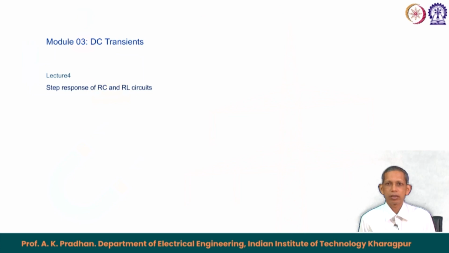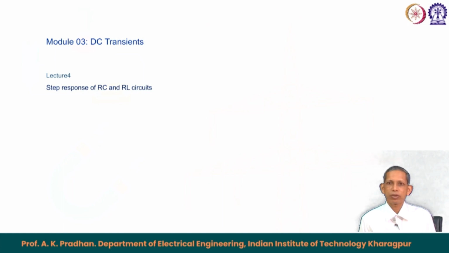Now, I will go with the source available in the presence of RL and RC combination. So, again the corresponding first order differential equation comes into picture, and therefrom we will find the corresponding solution and analyze the RL and RC circuit.